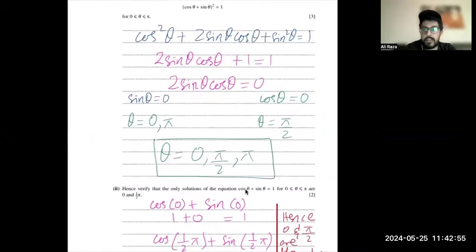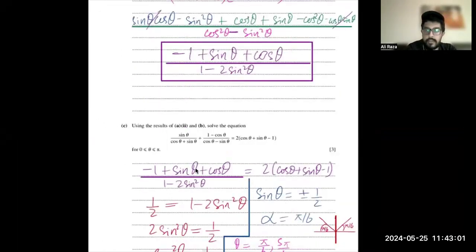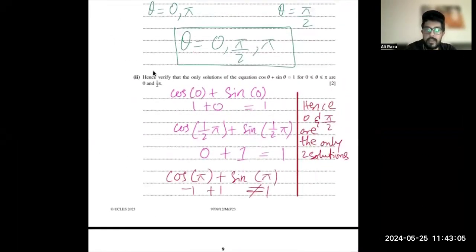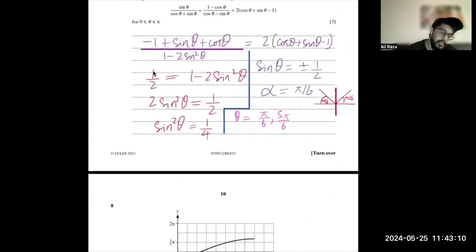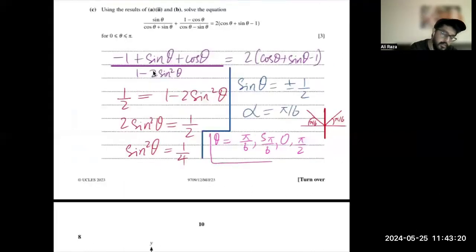And cos theta plus sine theta is equal to 1 would have the same solutions as these two numerators, and the solutions were 0 and half pi. So the values for theta would also be 0 and half pi. This would be the answer.